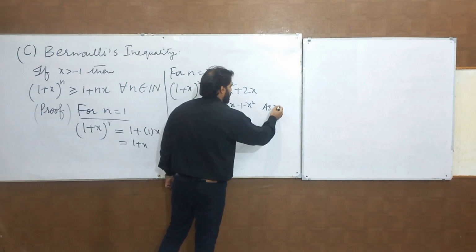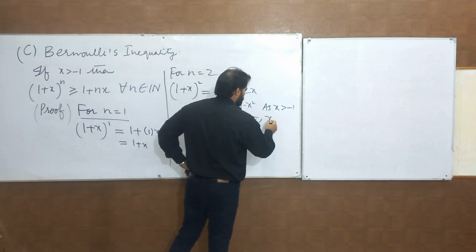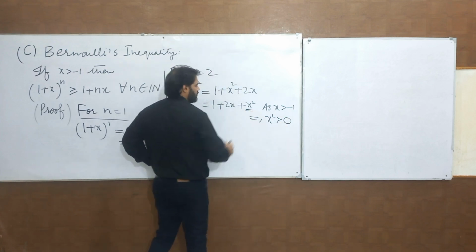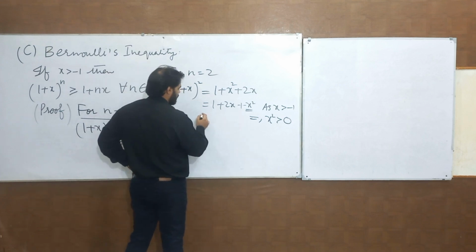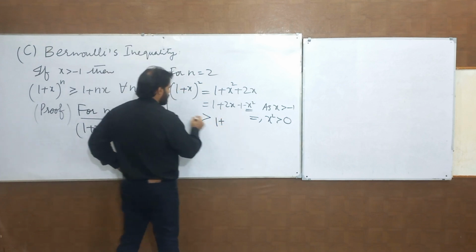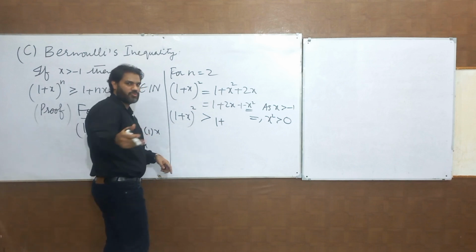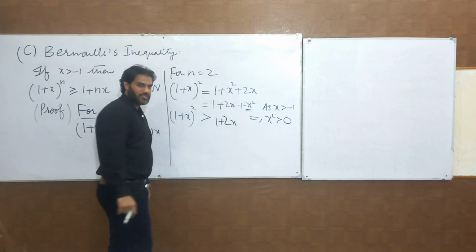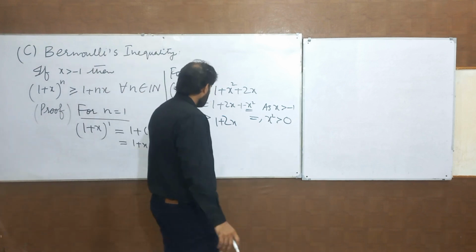As x is greater than -1, its square will always be positive. So the third number, x squared, is positive. If we leave this number, then the left side, which is the sum of these three, will always be greater than 1 + 2x. This shows that the inequality also holds for n equal to 2.